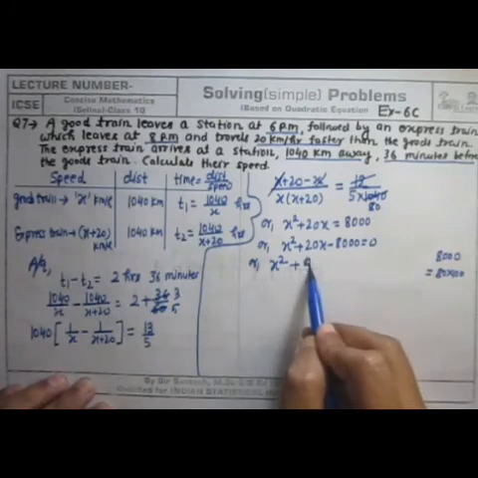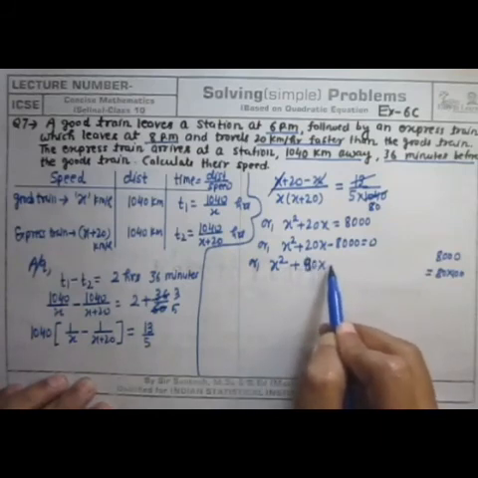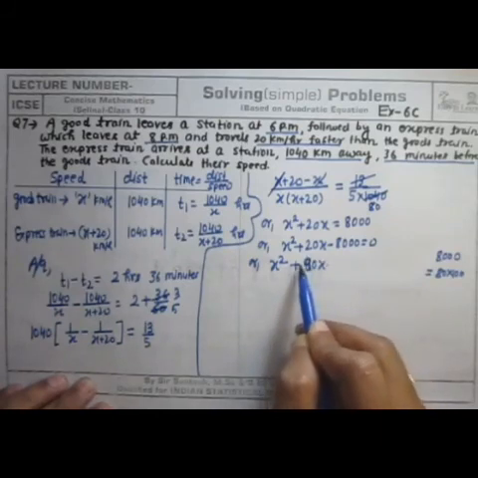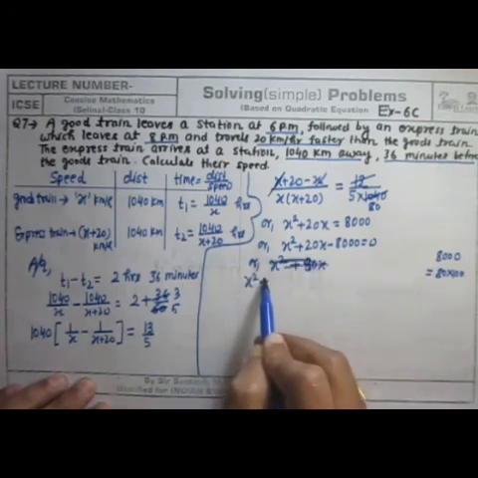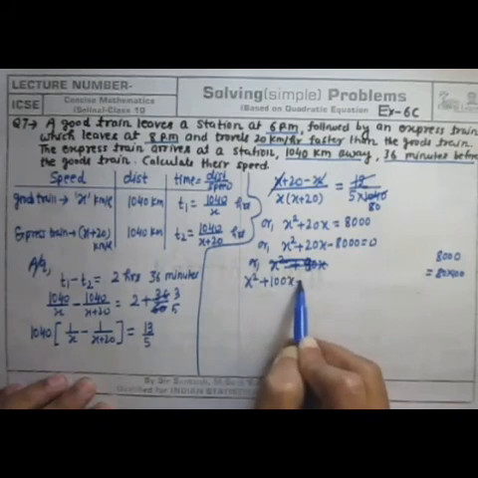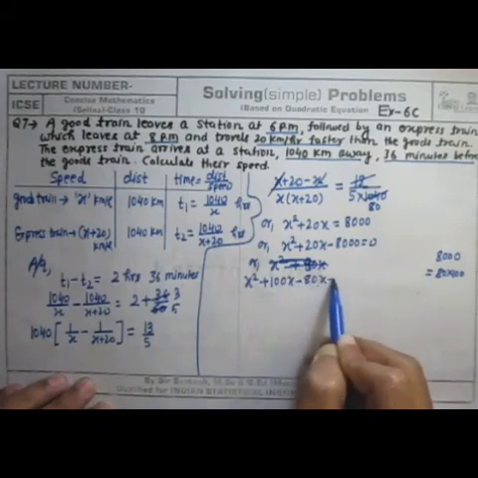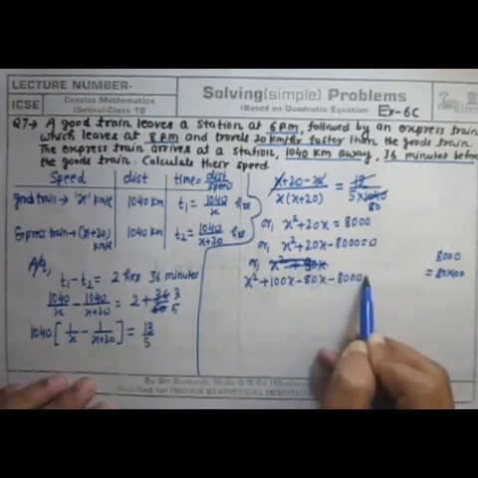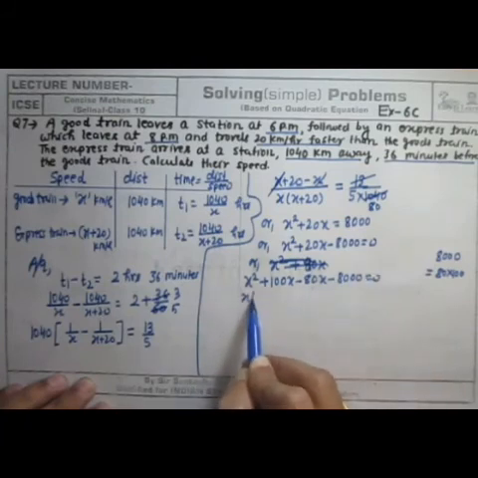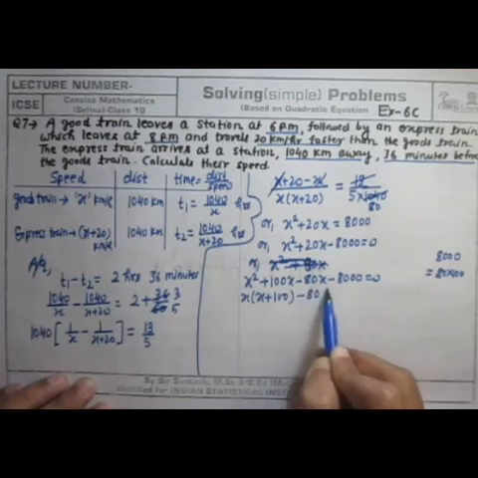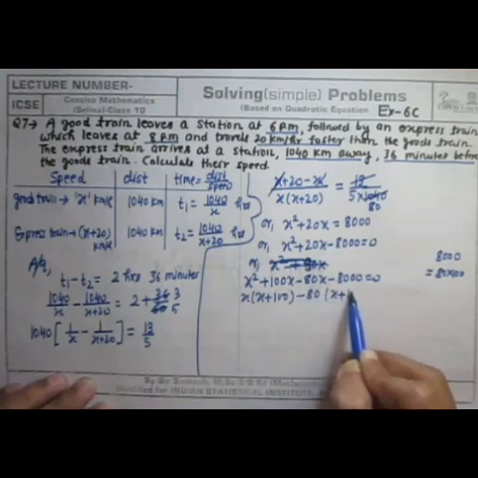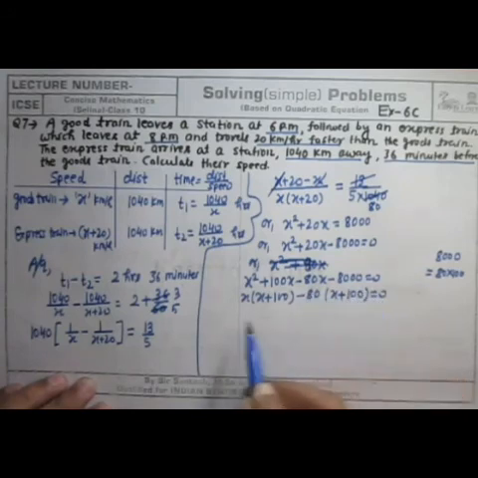So you write here x square plus 100x minus 80x and minus 8000 equal to 0. Now take x common here, x plus 100 and minus 80 common from here, so x plus 100 equal to 0.